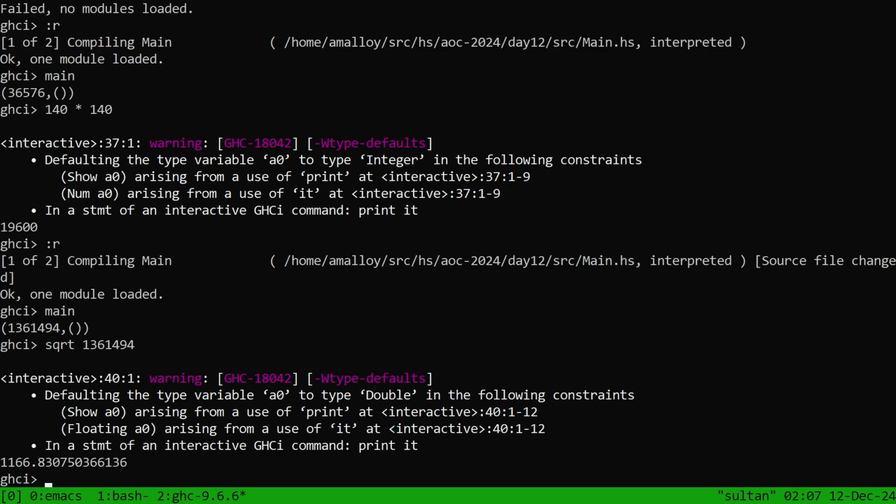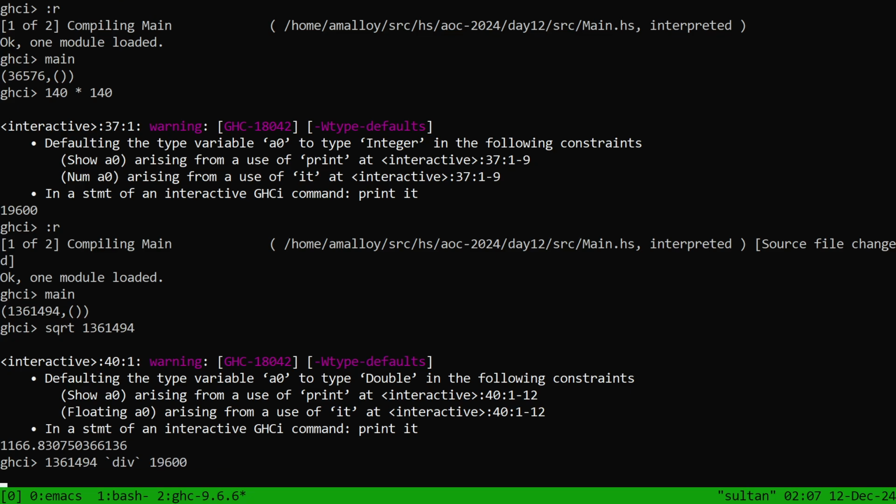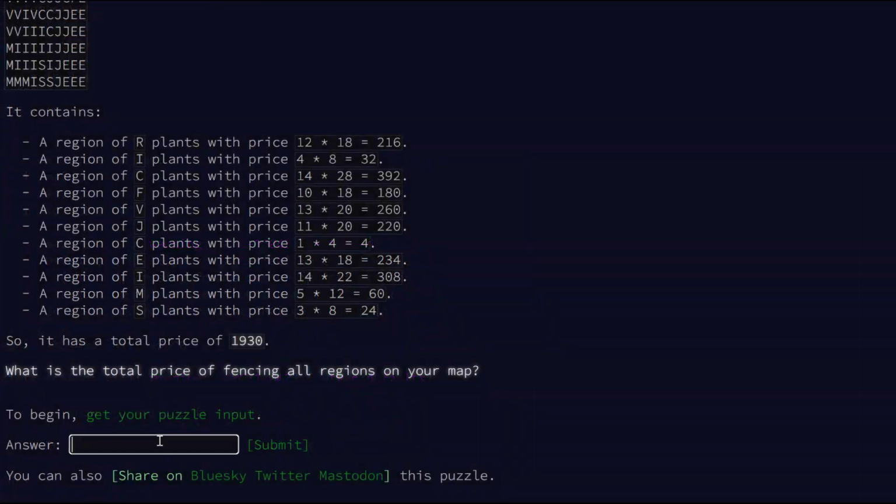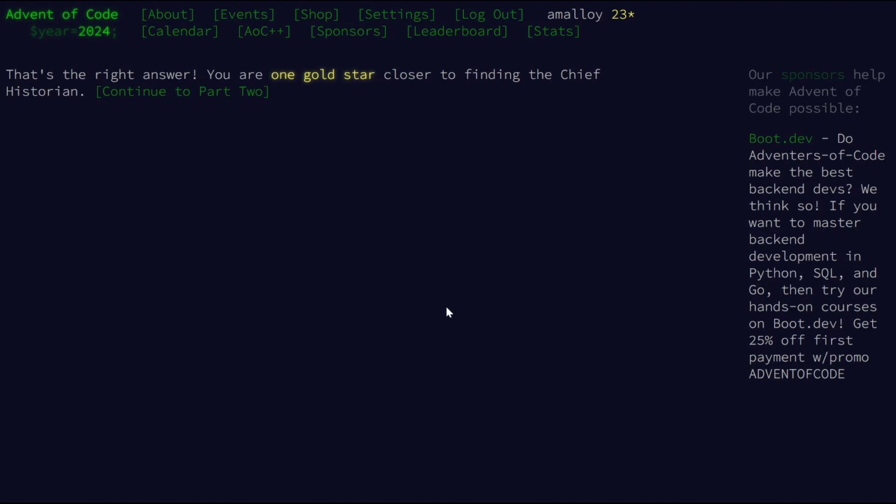Well, what is this? Maybe a better question would be, what is this divided by 19,600? So this would be a correct answer if the average region had a perimeter of 69, which, I don't know, that seems plausible. So let's try putting this number in. That's the right answer.